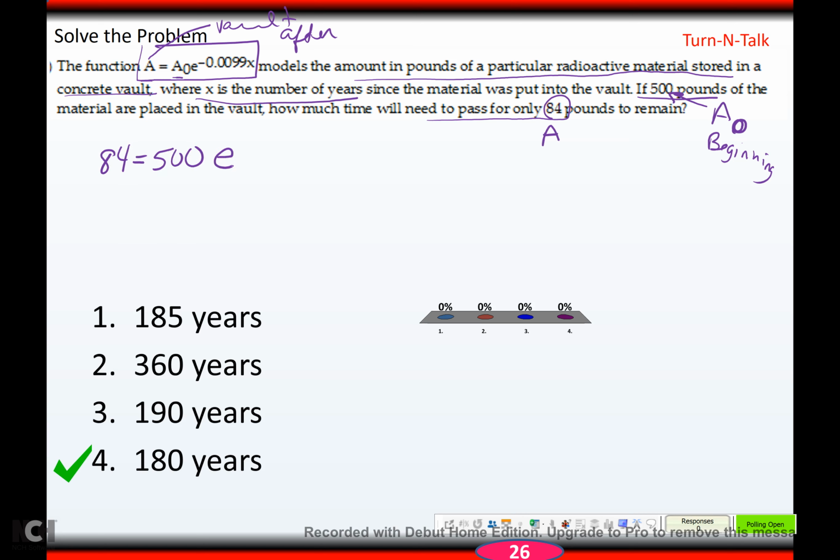To get that x out of the air, I'm going to take the natural log of both sides. On this side, the natural log of 0.168 gives me negative 1.7837913, equals, on this side, those cancel, and I'm left with negative 0.0099x. Now all I have left to do to get x alone is divide by negative 0.0099.